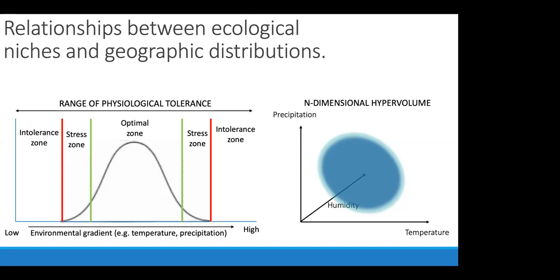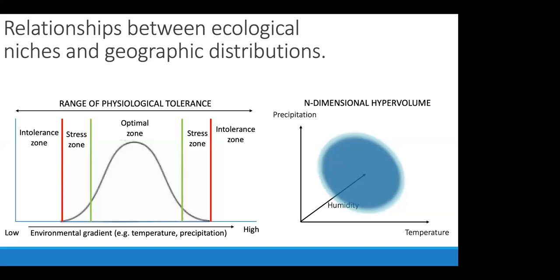And in reality, this is a lot more of a complex relationship in that there are multiple environmental variables that affect species. So this creates an n-dimensional hypervolume, which is shown on the right, and which is equivalent to the niche of the species.